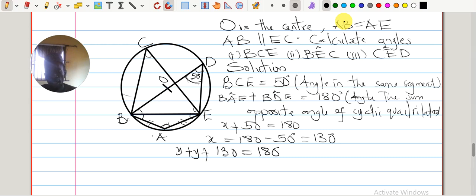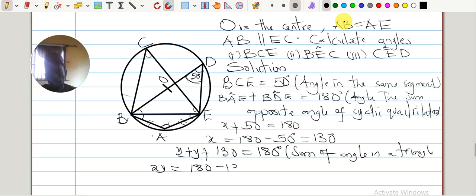130 plus 130 equals 180. Why? The sum of angles in a triangle is equal to 180, okay? So y plus y gives me 2y equals 180 minus 130, which gives me 50 degrees.